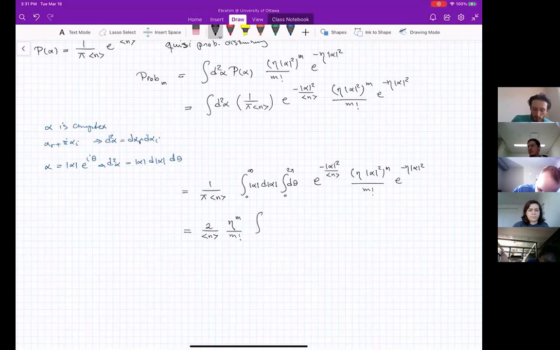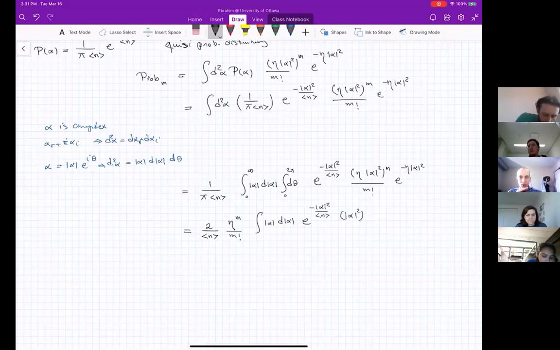Then we have the integral of alpha d alpha, e to the power of minus alpha squared divided by the average photon number n, and then alpha squared to the power of m, e to the power of minus eta alpha squared. Good. Let's do the change of variable.